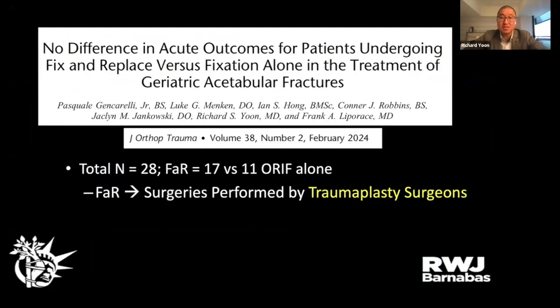Any other potential benefits? This is something that we looked at in our center. And mind you, we pre-select for this because we do both. When we have an area of marginal impaction or somewhere we're worried about it, we self-select, and we have no hesitation in doing a fix and replace.